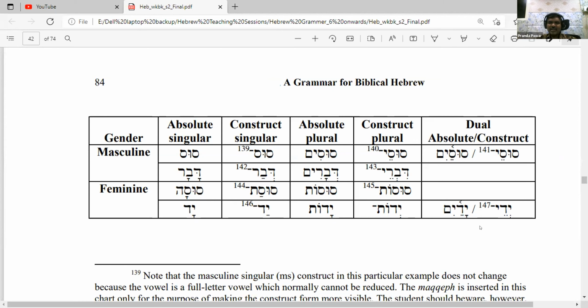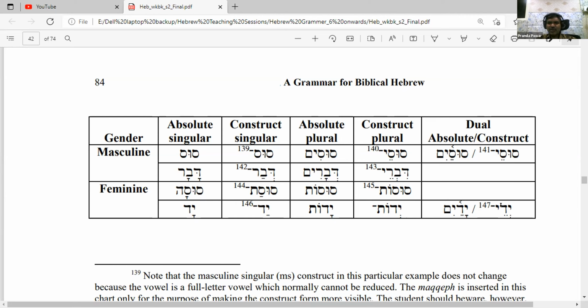So in the construct state, a complete inflection takes place here. See here, the qamets will be reduced to Shva, and this Patah and Hirek and so forth will turn to Tsere. Not in all cases, but 99% of the time this Tsere is a construct state marker.